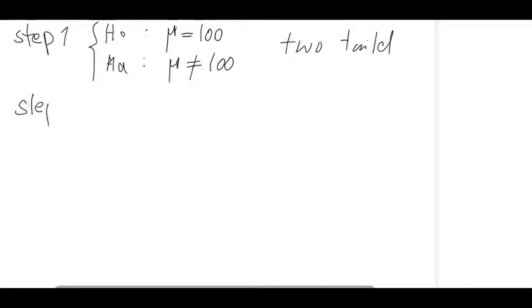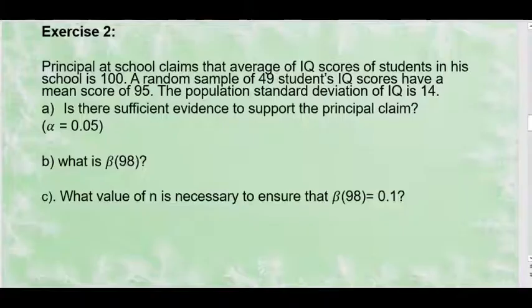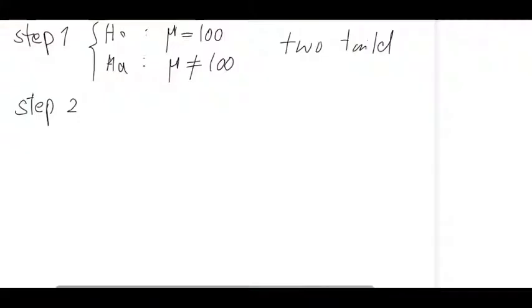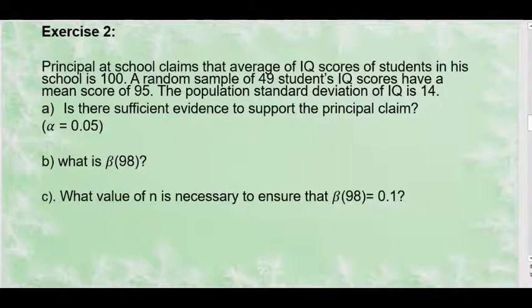Step 2, we need to calculate the Z statistics. So according to the question, n is equal to 49 students. So sample size is 49. And the students' scores have a mean score of 95. The sample mean is 95.